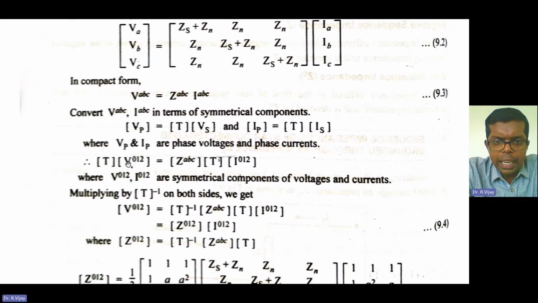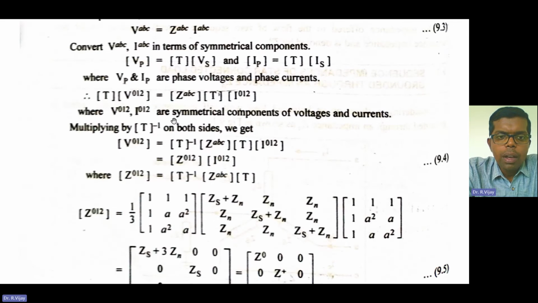What we are doing is taking this T transformation matrix as it is, and V012 we are converting in terms of I and Z, so ZABC into T into I012. V012 and I012 are the symmetrical components of voltage and currents, that we already know. Now we need to calculate only the voltage V012, that we are taking outside.